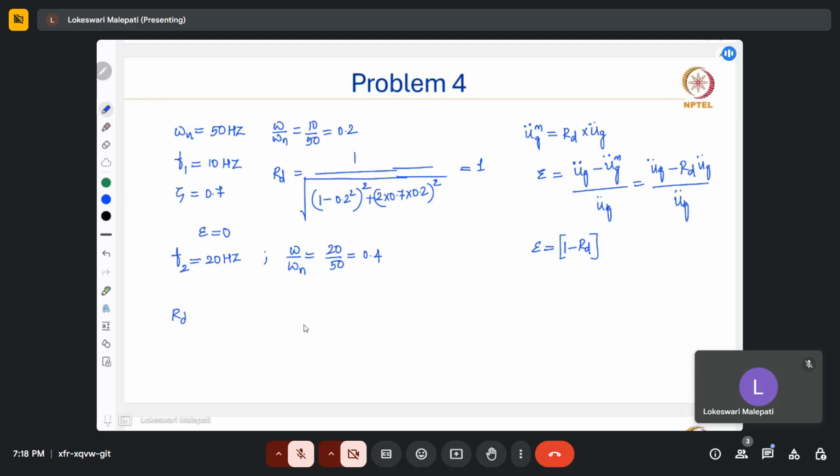And then let's compute RD again, with 0.4 squared, the whole square, plus 2 multiplied by 0.7 multiplied by 0.4, the whole square. So this time we would be getting some finite value.